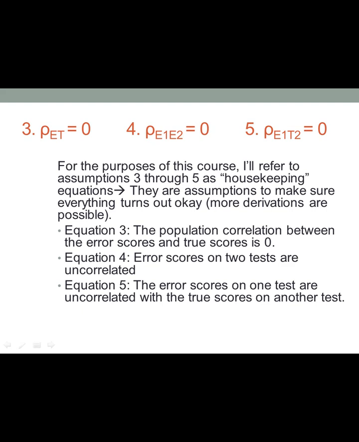They're a little bit less important, a little bit less significant, but they're reasonable. If you take equation 4, for example, if errors are random, then it makes sense that errors on one test might not be correlated with errors on another test. Or to move back to equation 3, since errors are again random, it makes sense that across a group of people, the errors will be uncorrelated with the true scores.